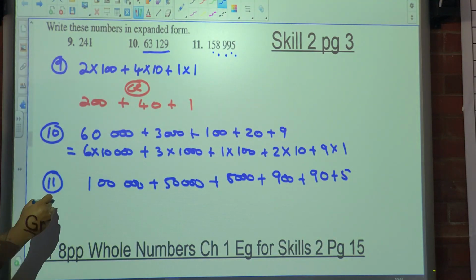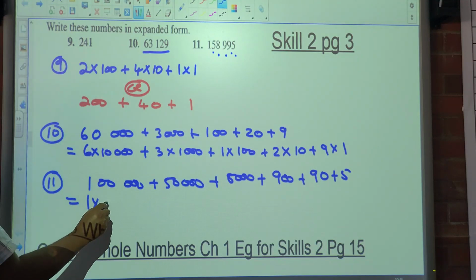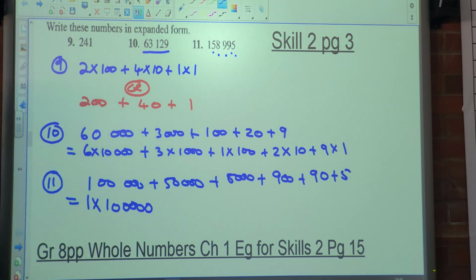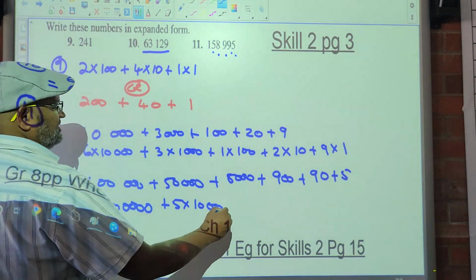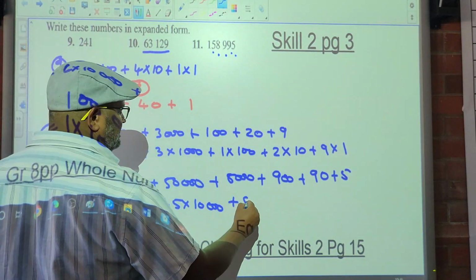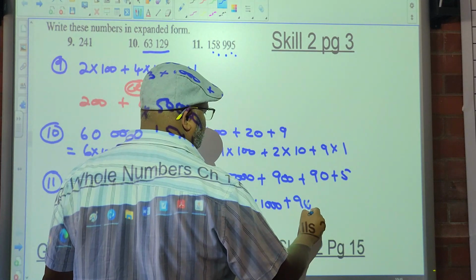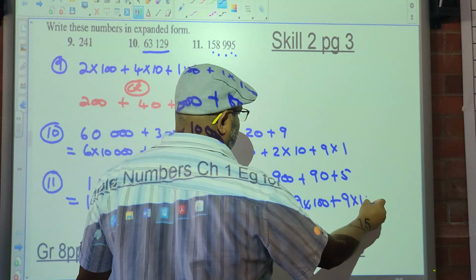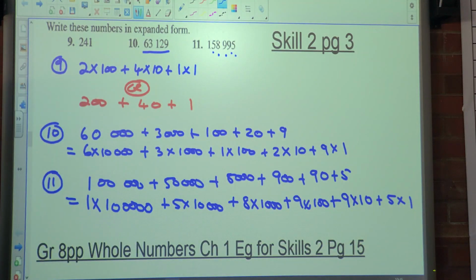So in expanded form, what would it be? 1 multiplied by 100,000 plus 5 times 10,000 plus 8 times 1,000 plus 5 times 1. Okay, you guys understand? Okay.